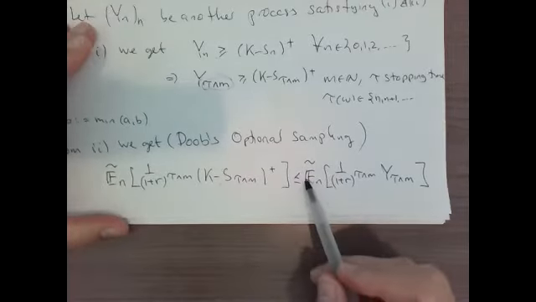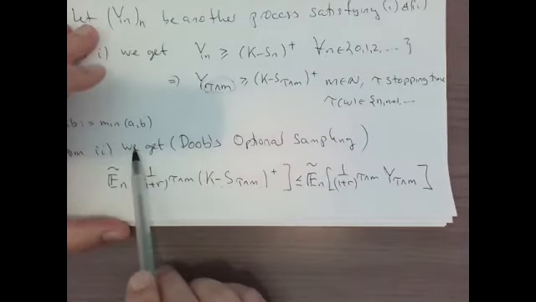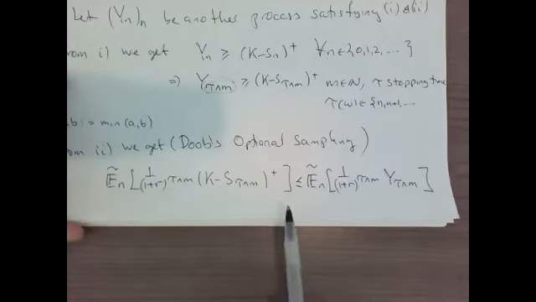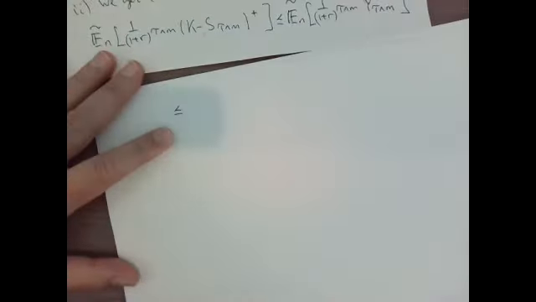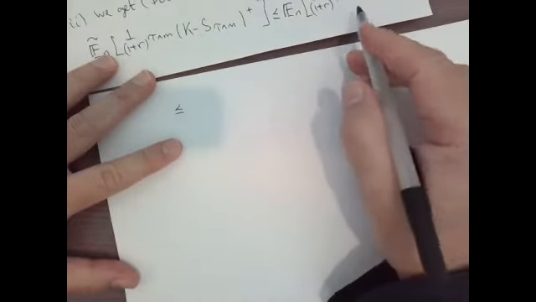So this inequality here comes from the inequality up here, and now it's time to use the supermartingale property together with Doob. Doob says that when you stop a supermartingale, you again get a supermartingale. Here comes that property.